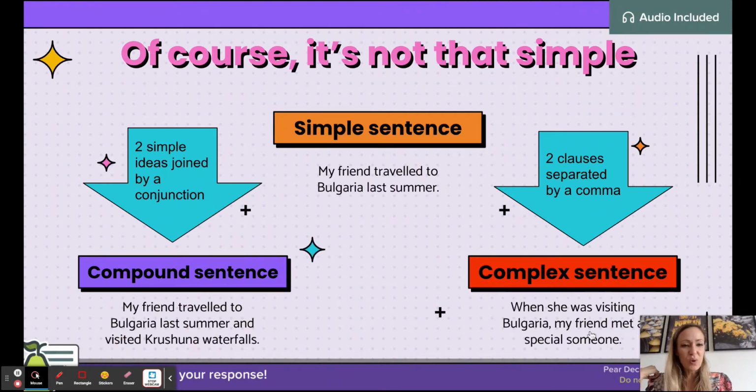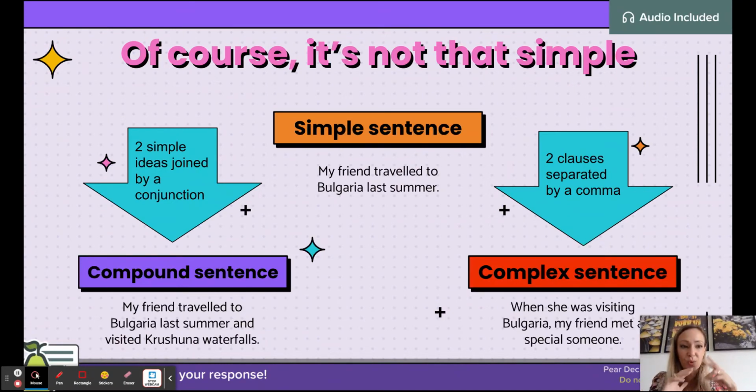Okay? So my friend met a special someone. We have subject, object, verb, and details. But when she was visiting Bulgaria, that when word means it has to be completed by something. What happened then? So we have this complex sentence with these two parts buddied up.